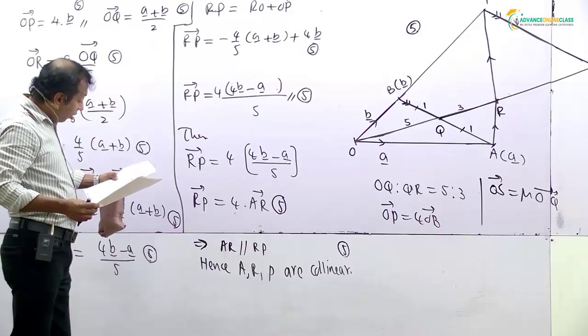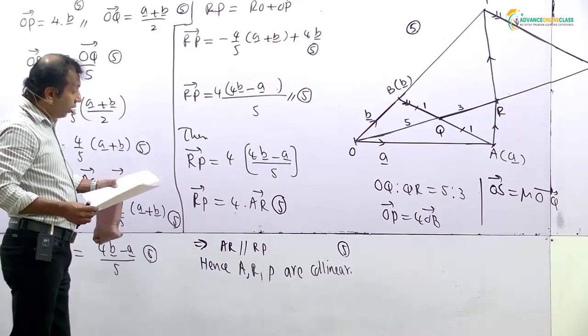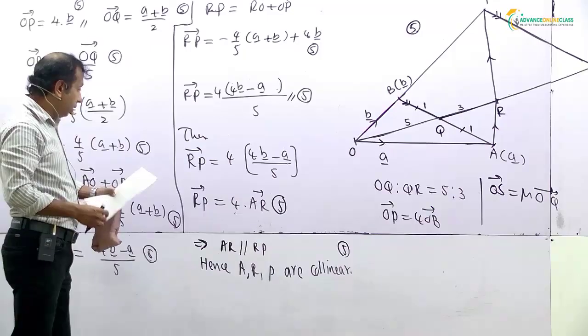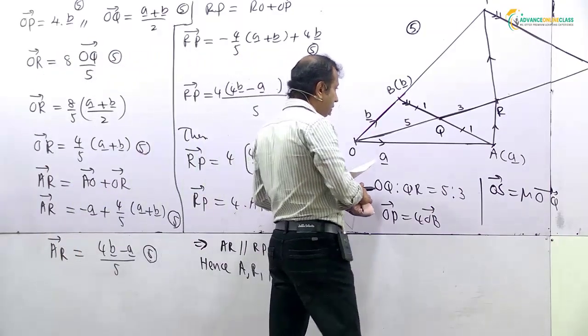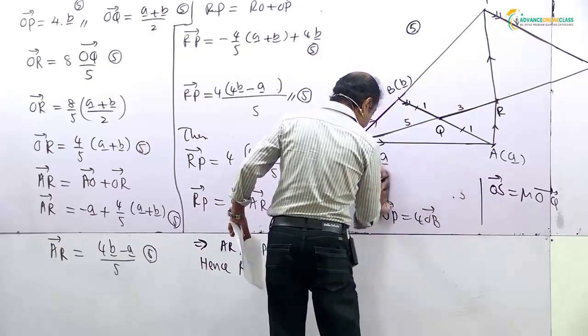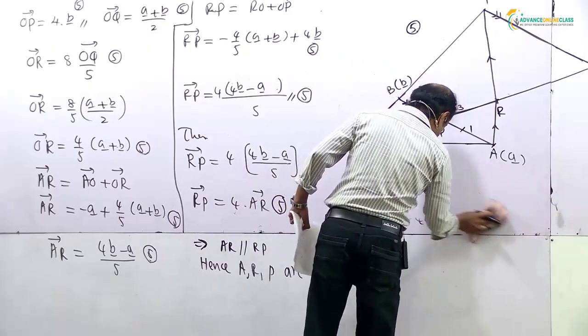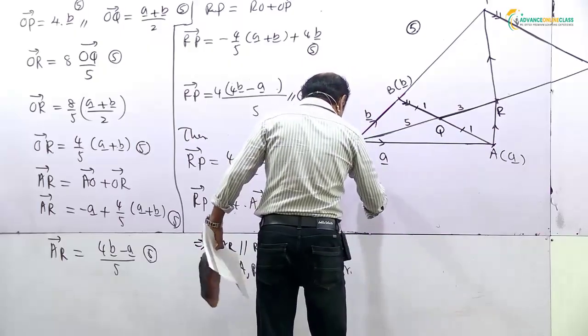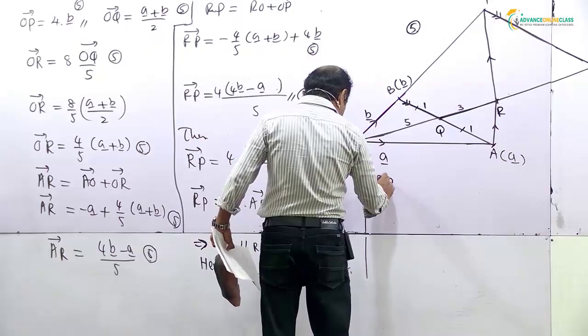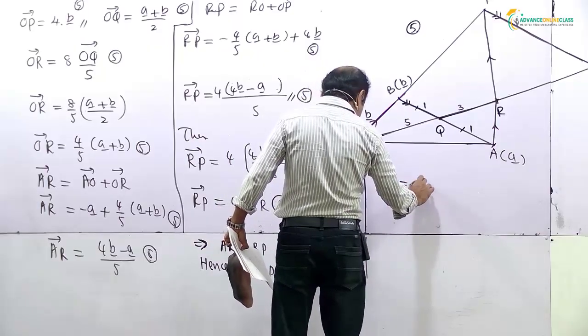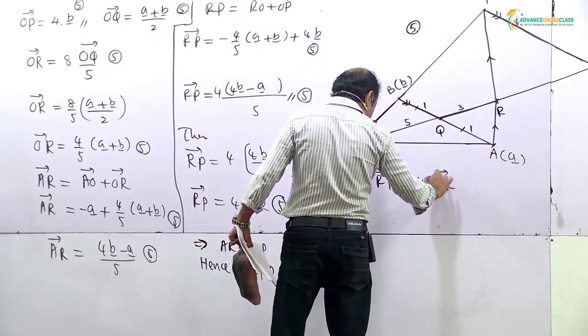Now the next one: find the ratio AR is to RP. Here we have the RP vector going to AR, no?